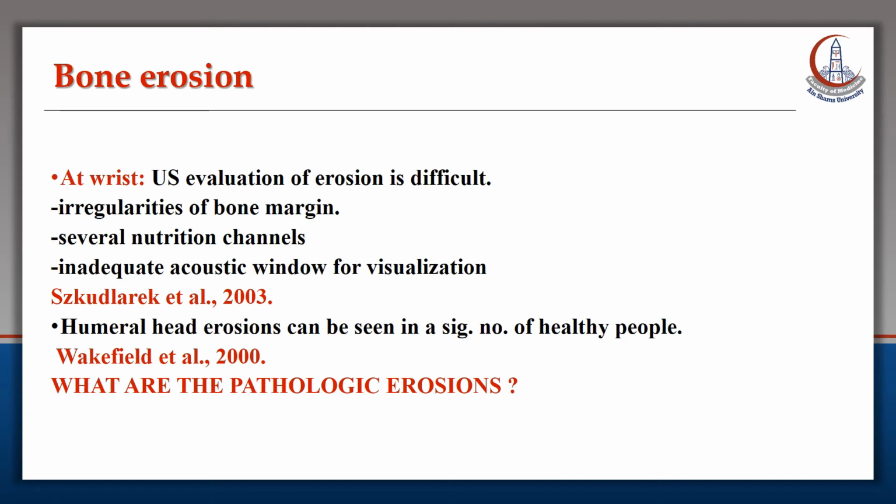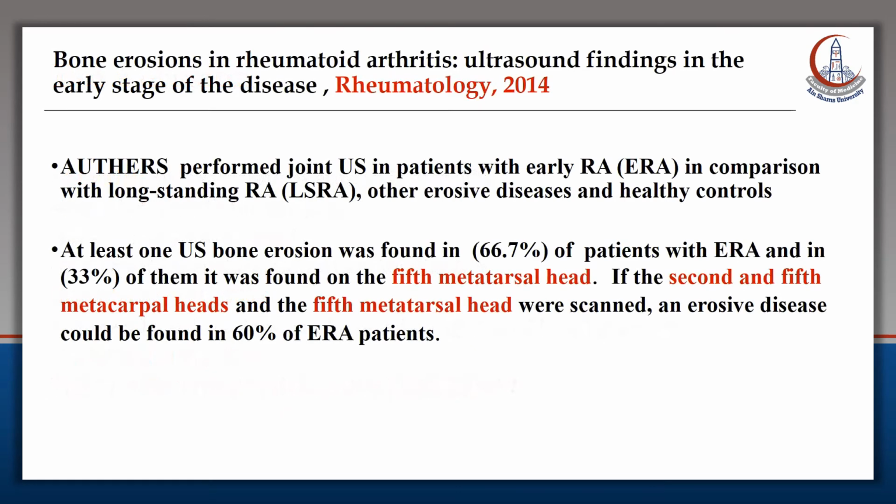At the same time, humeral head erosions can be seen in a significant number of healthy people, as stated by Wakefield et al. in 2000. What a mess! Now, how can we diagnose pathologic erosion, consequently erosive arthritis, especially rheumatoid arthritis, which is a prototype of erosive arthritis? The answer is here.